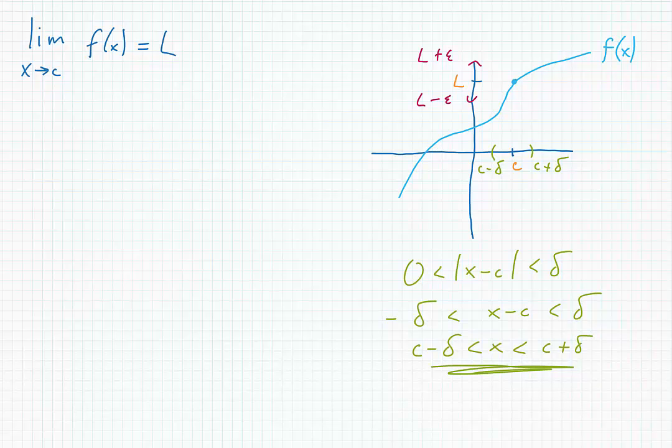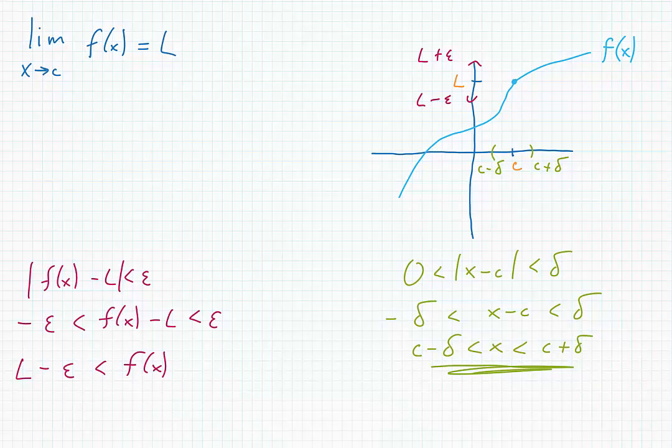And that x has to go to a y value that's in this L plus epsilon to L minus epsilon range. In other words, if we take a look at the absolute value of f of x minus L is less than epsilon, that's the same thing as saying negative epsilon is less than f of x minus L is less than positive epsilon, or adding L's everywhere, L minus epsilon is less than f of x is less than L plus epsilon.